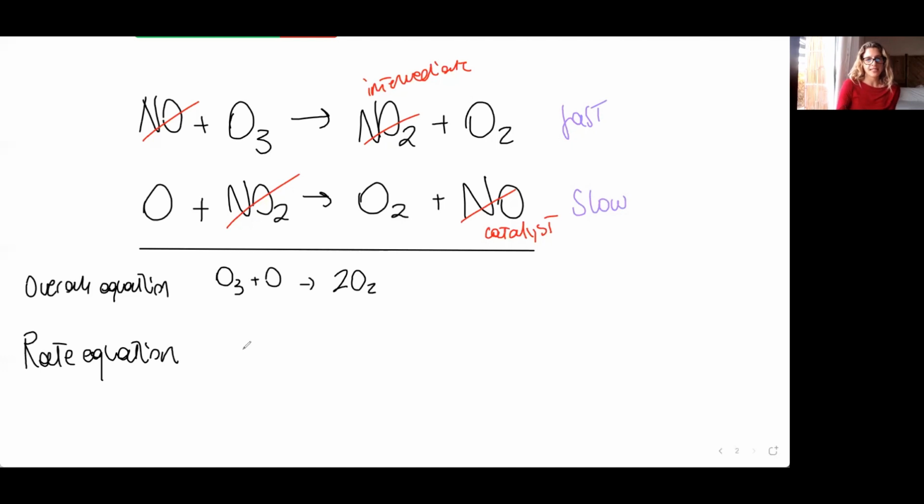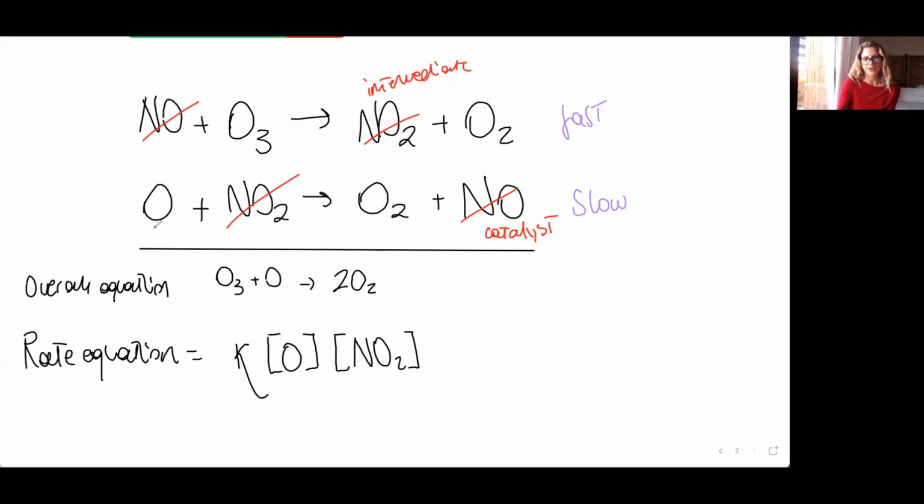Give it a go. So the rate equation always includes the rate constant times the reactants, to the power of their order. We know that the rate determining step is the slow one, so it's the second one, which means that we will include the reactants of that equation to the power of the order.